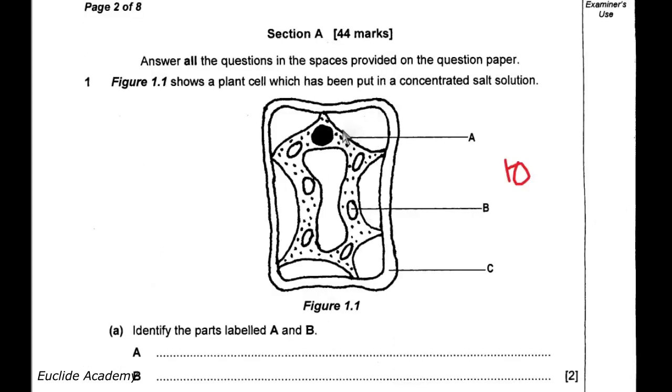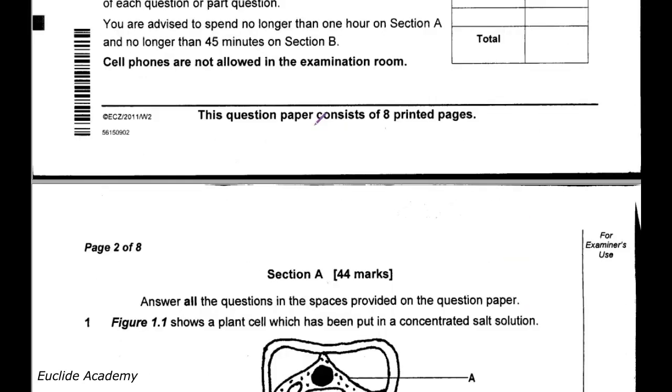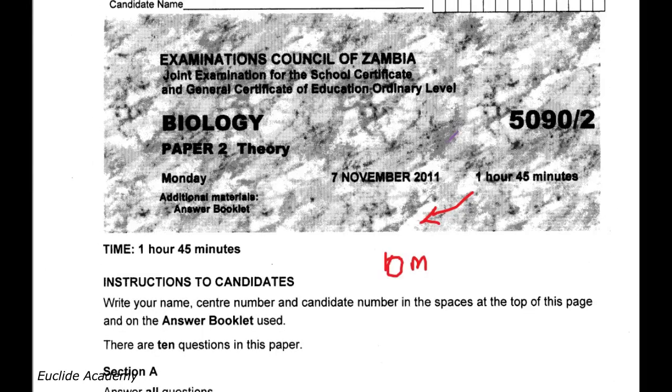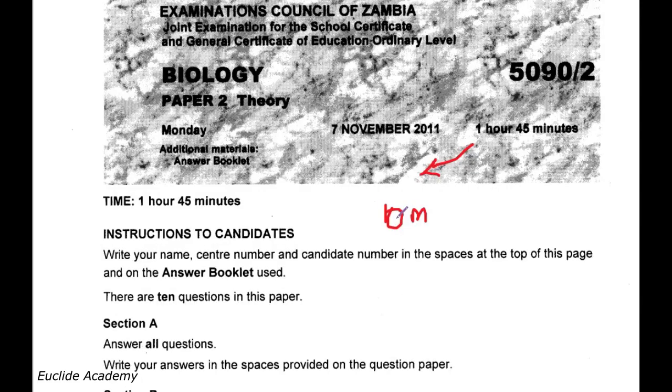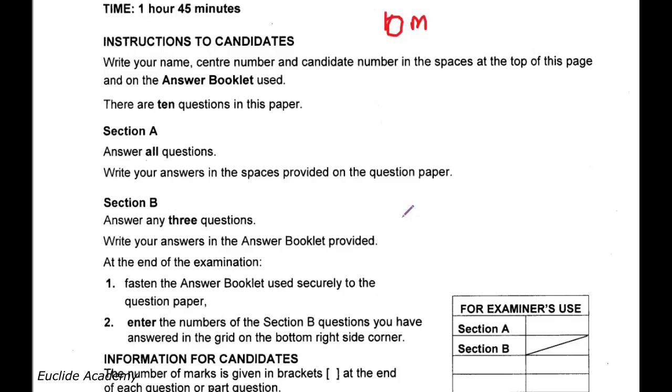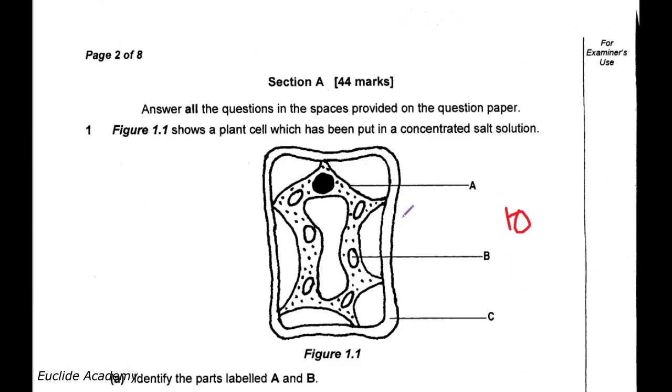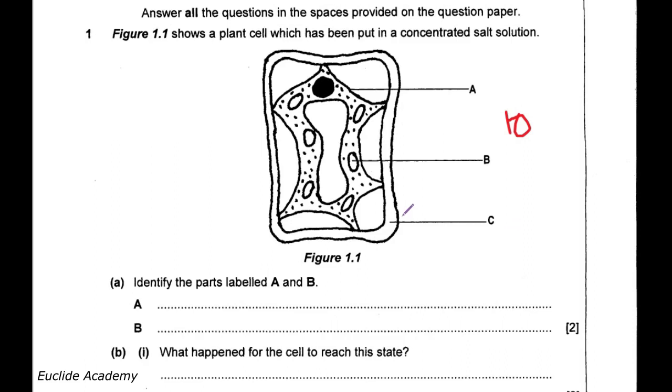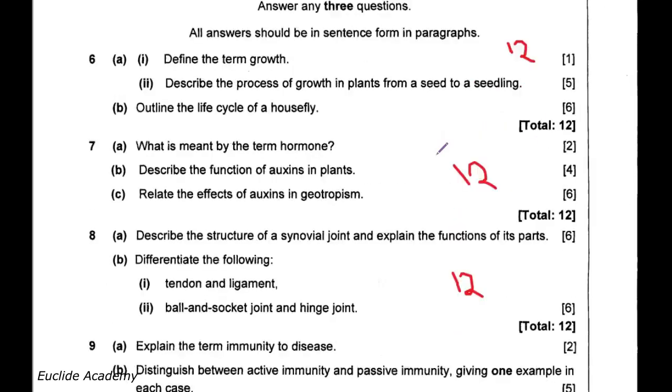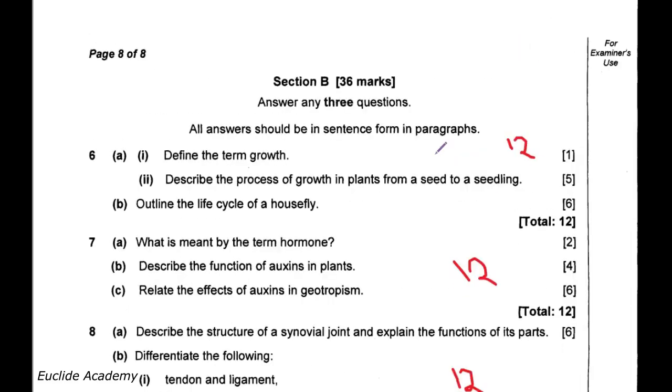Which comes to time management again. You've given yourself time, and we're going to talk about time management depending on the questions that you have. Now we have questions 1, 2, 3 up to question number 5 in section A. Then in section C, you have to choose 3 questions from about 5 questions.